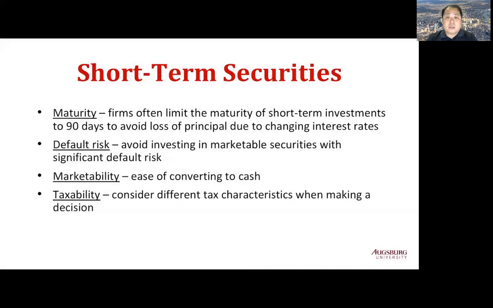Firms often limit the maturity of short-term investments to 90 days to avoid loss of principal due to changing interest rates. We should not invest in marketable securities with significant default risk. Marketability, the ease of converting to cash, is also important, and we should consider different tax characteristics.